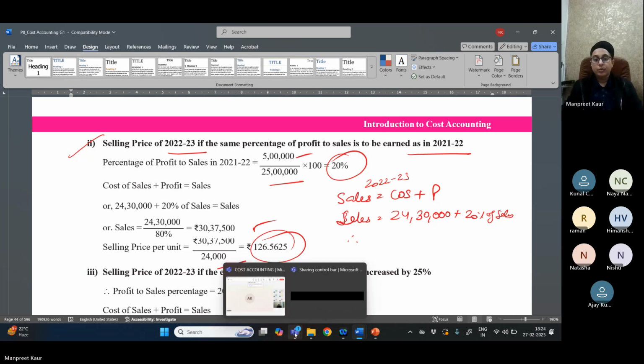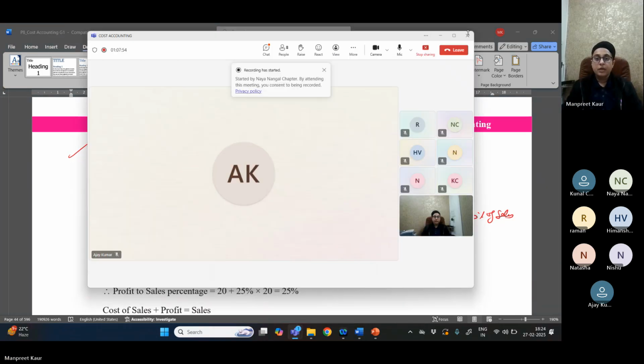Similarly, with other things remaining constant, whether selling price or desired profit, you can calculate according to the demand of the question.